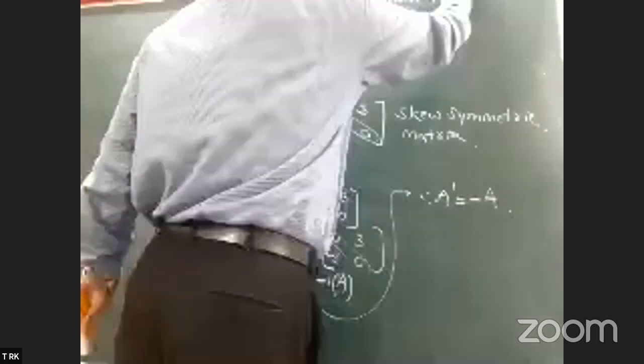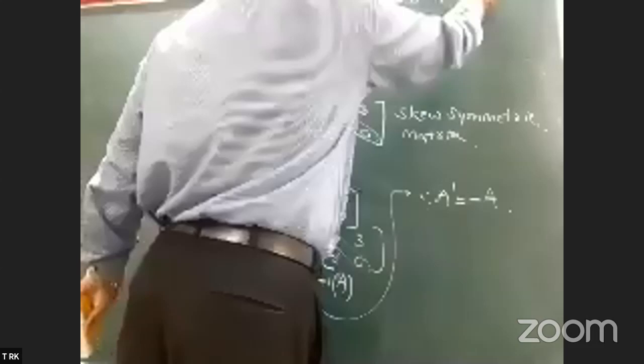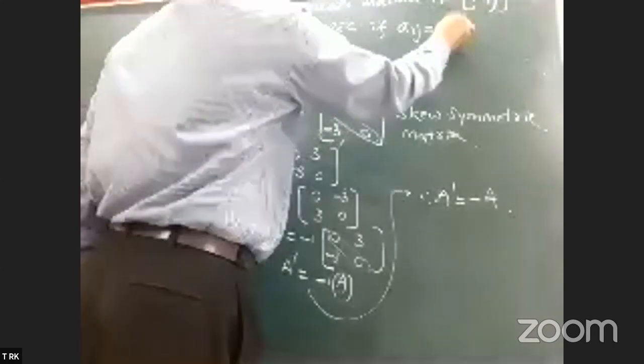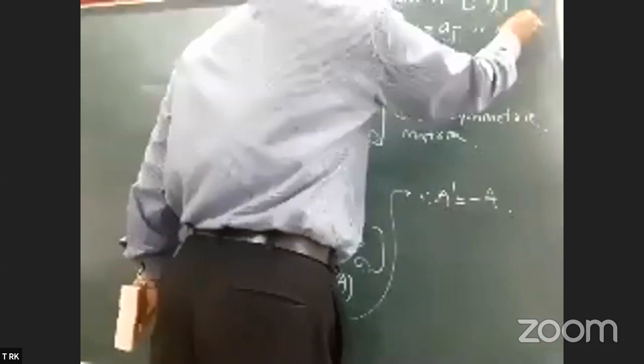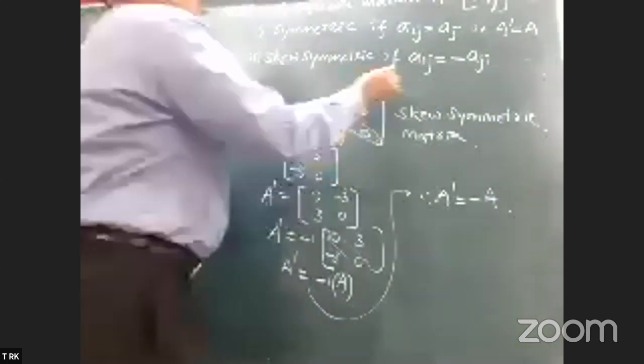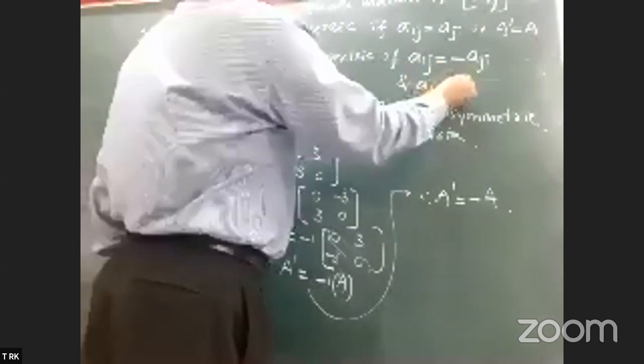In brief, for symmetric, Aij is equal to Aji, that is, A dash is equal to A. For skew symmetric, Aij is equal to minus Aji, and the diagonal elements are zero.